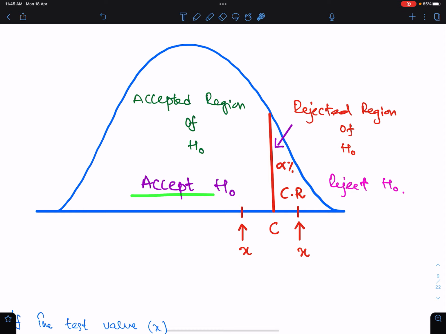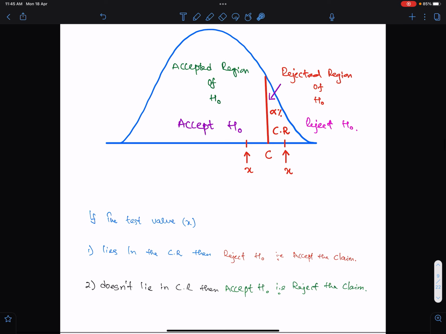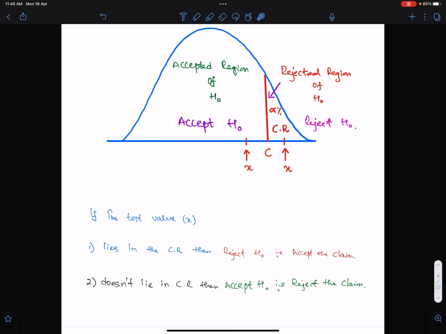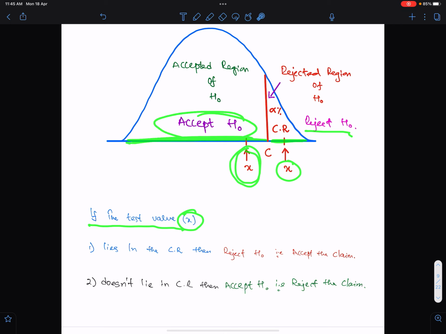Here we accept H0. Again we have two possible decisions. So if the test value X lies here, then we reject H0. And the second decision is, if the test value lies here in this region, then we accept H0.